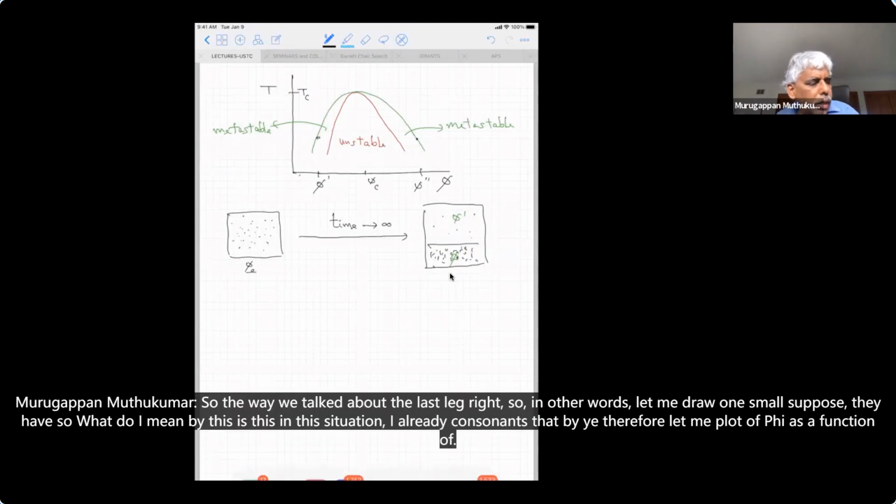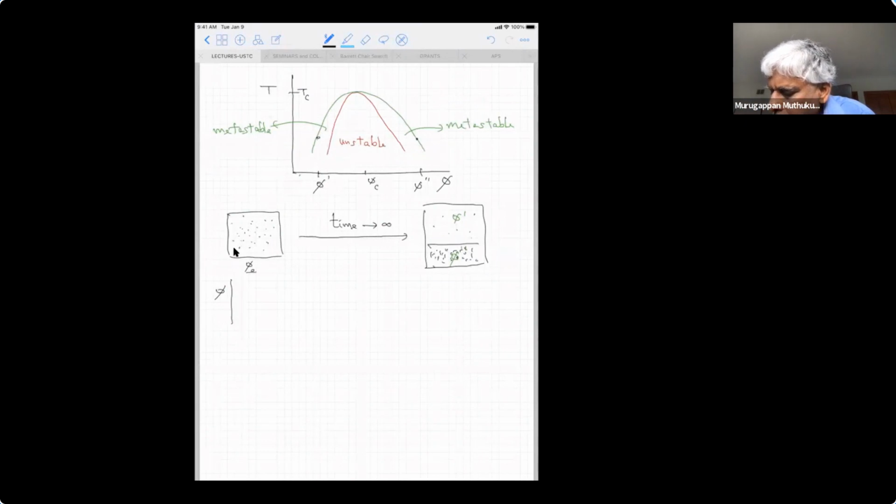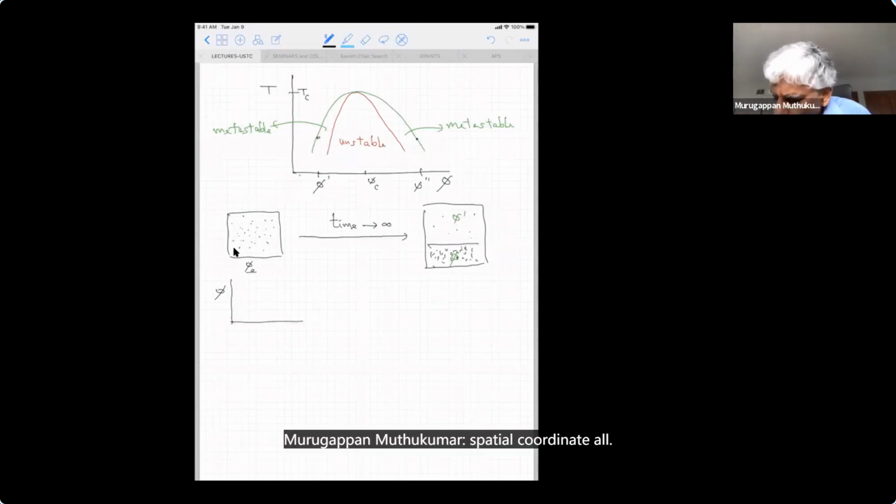So the way we talked about in the last lecture, right? So, in other words, let me draw once more. Suppose I have, so what do I mean by this is this. In this situation, average concentration of phi E, therefore let me plot phi as a function of a spatial coordinate r.